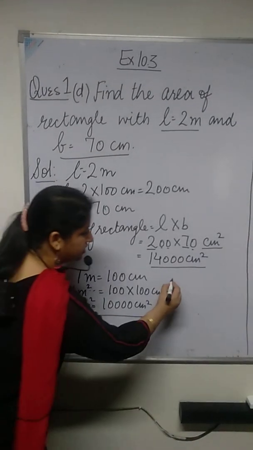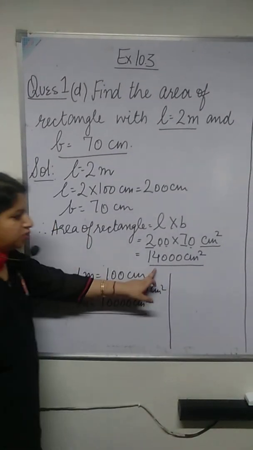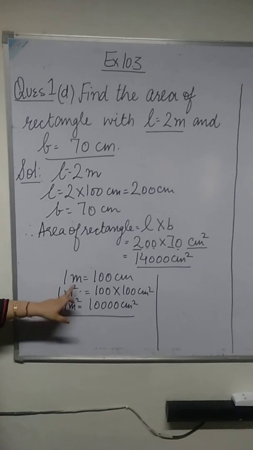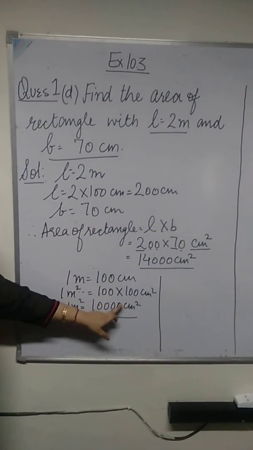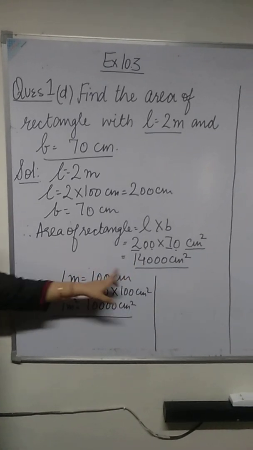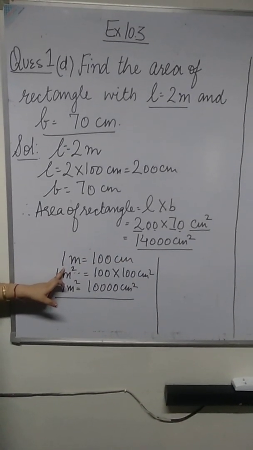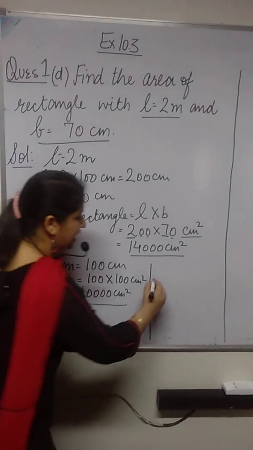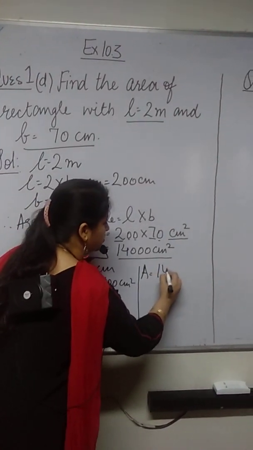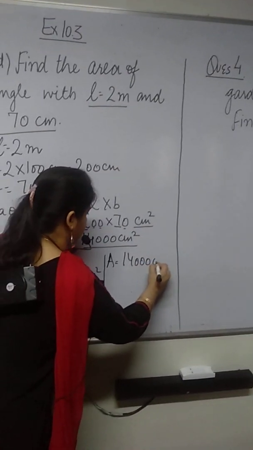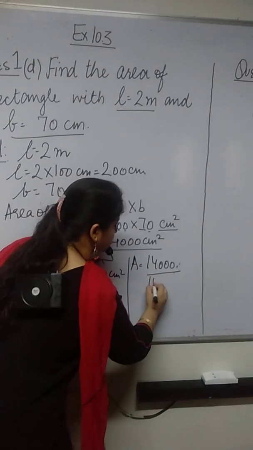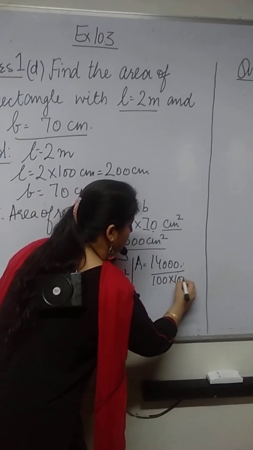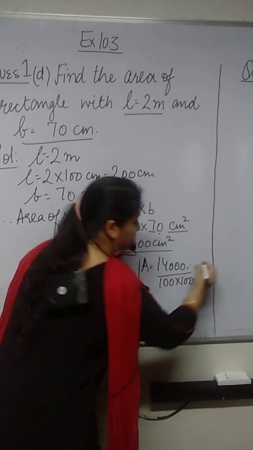Now let us convert the answer we have found into meter square. You know, when meters is to be converted into centimeters, we have to multiply. But when centimeters is to be converted into meters, we are going to divide. So area will be equal to 14,000 upon, we are going to divide it by 100 into 100 meter squares.